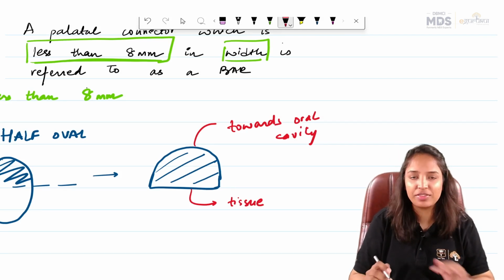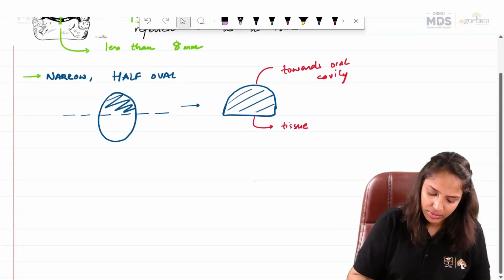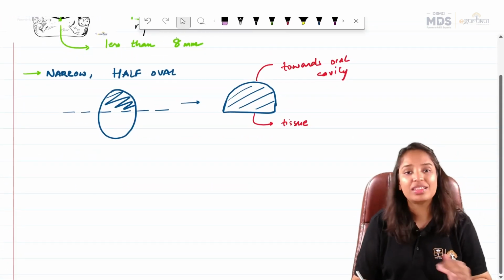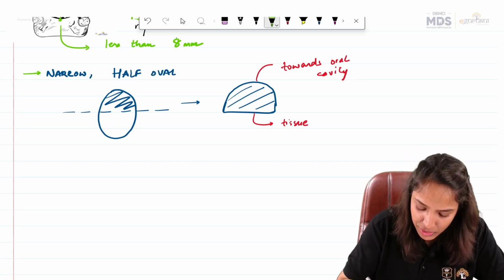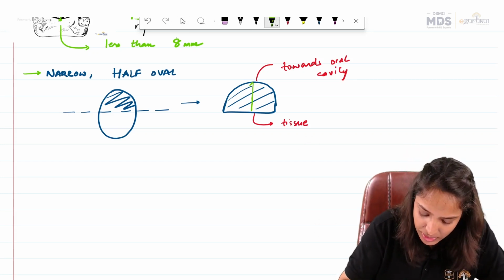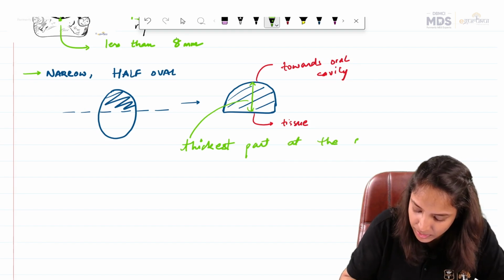So the tongue can feel the rounded part of the palatal connector. The thickest part of this connector is located at the center of it. So when you can see over here in the cross section, this is the thickest part at the center.